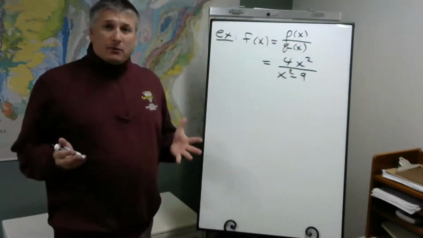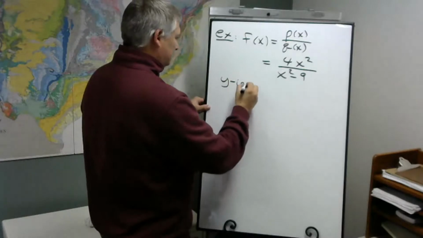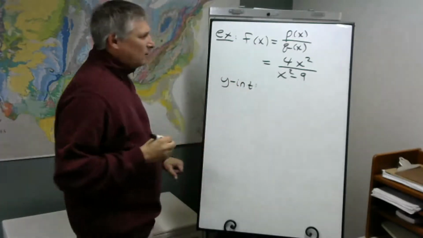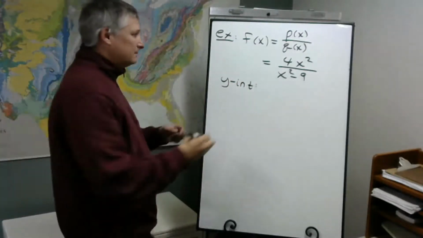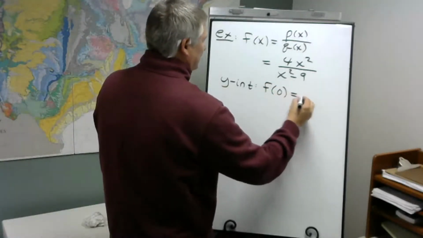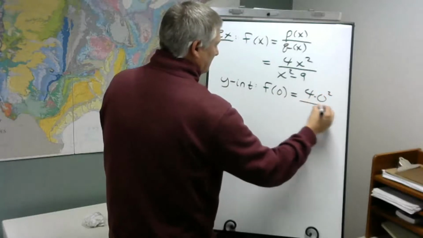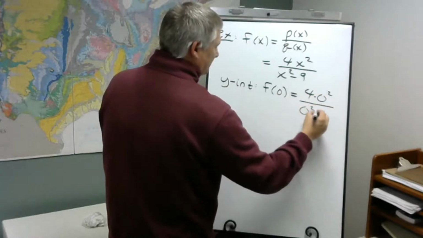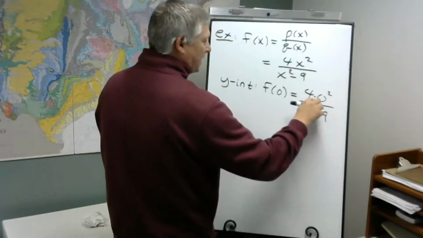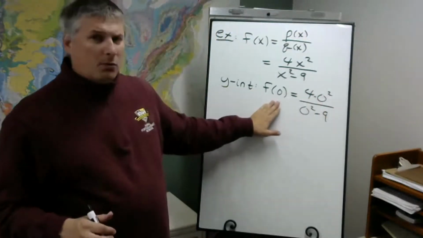So first off, let's look for the y-intercept. Well, this is when x is 0. So we're going to look at f of 0 equals 4 times 0 squared over 0 squared minus 9. And this is 4 times 0 squared. It's now 0. And remember, we want to replace this with y.